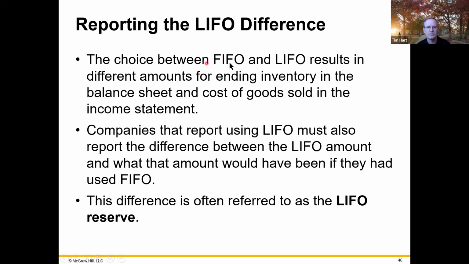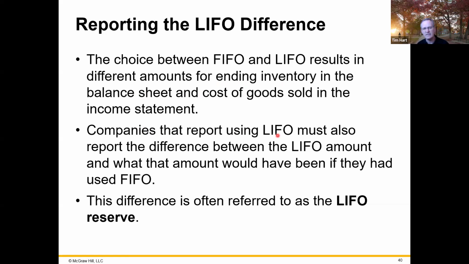The choice between FIFO and LIFO results in different amounts of ending inventory on the balance sheet and cost of goods sold on the income statement. So companies that report using LIFO, last in, first out, the sand method, must also report the difference between LIFO and FIFO. That difference is called the LIFO reserve.